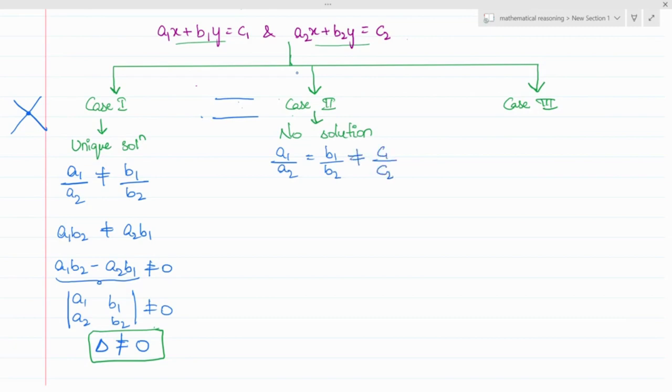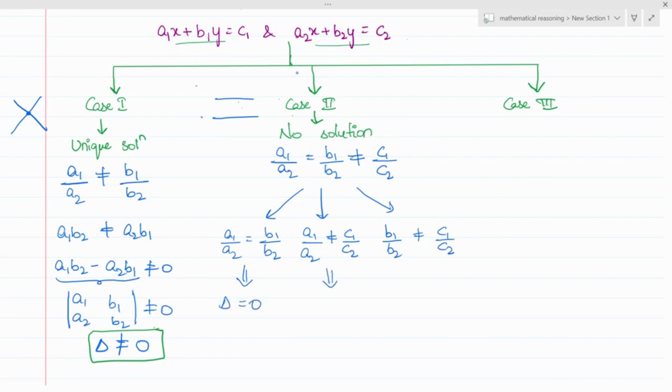So from here we'll again get three conditions. That is a1 upon a2 equal to b1 upon b2. Next a1 upon a2 is not equal to c1 upon c2. Next b1 upon b2 is not equal to c1 upon c2. Here when you simplify, you will get delta equal to 0.